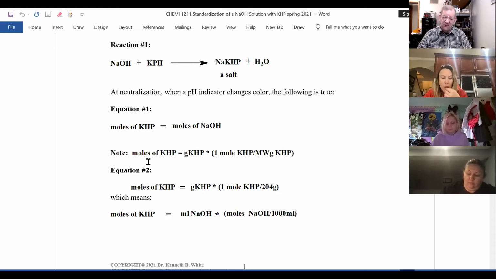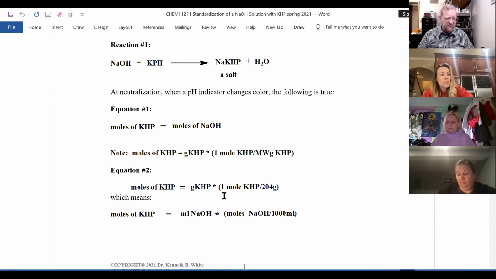Now, we just practiced, moles of any compound equals the grams of that compound times 1 mole over the molecular weight. And for KHP, for this lab, 3 significant figures is enough. The moles of KHP would be grams of KHP divided by 204 grams, which is the molecular weight of KHP.